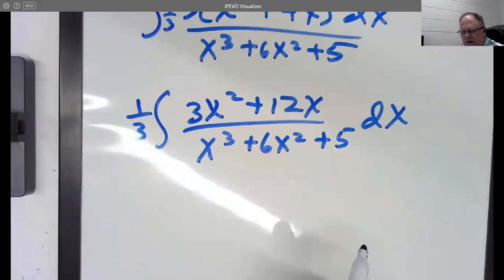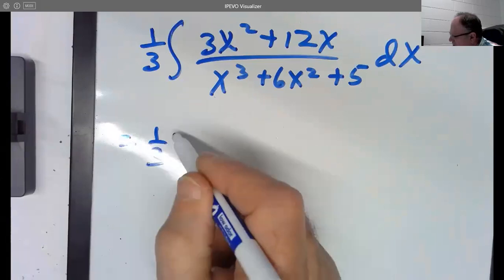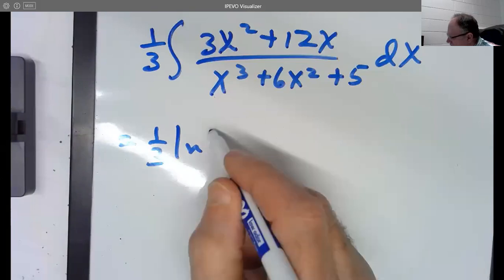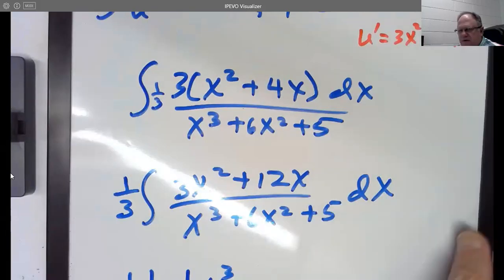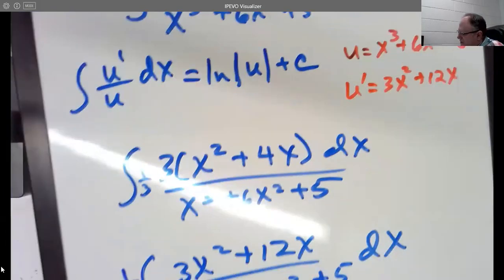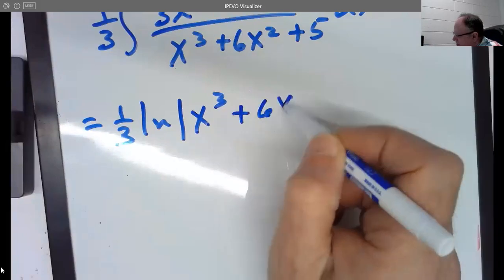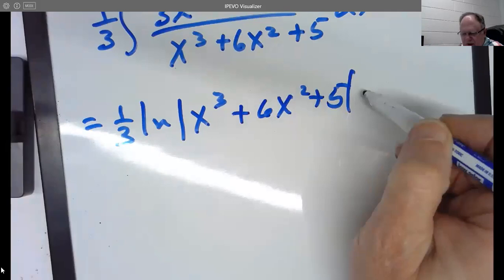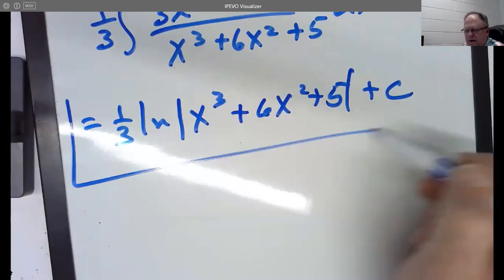And so that's going to be equal to 1/3 natural log u, and we said u is x cubed plus 6x squared plus 5, plus c. And that's our answer. That's our integral.